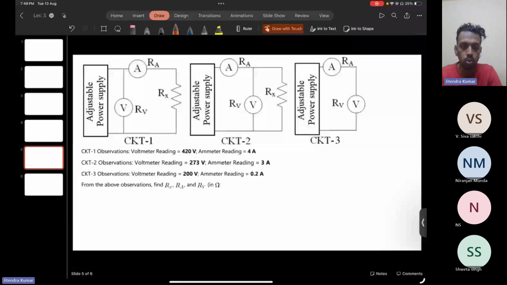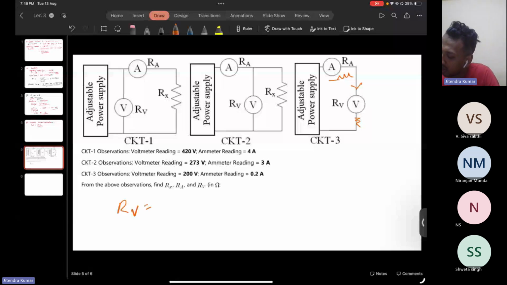So you just have to compute RV here, and RV will be nothing but whatever current is flowing through this ammeter, the same current will flow through the voltmeter. So now RV will be the voltmeter reading divided by the ammeter reading.